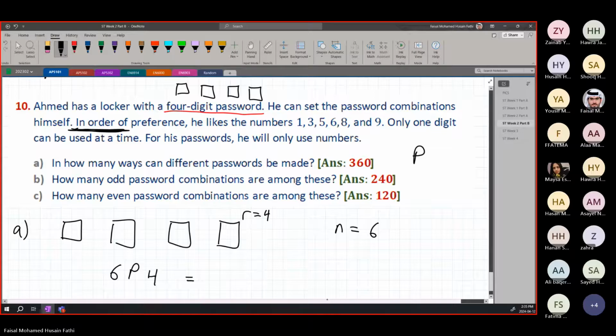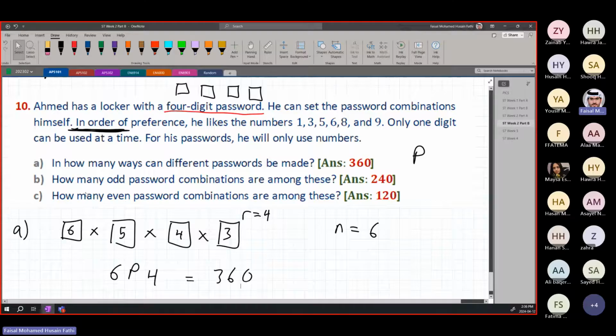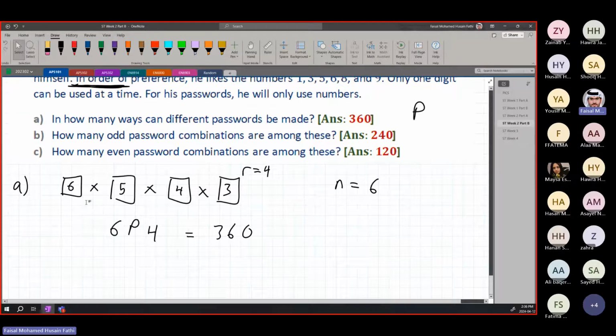Tamam? That's how you would do it. Clear? Another way you could do it is you could say you have 6 choices here, 5 choices here, 4 choices here, 3 choices here, and you just multiply them, and it's going to give you 360. Tamam? It's the same idea. That's the whole idea of permutation, is instead of you writing all of this and doing that, you just put one formula, apply it, and you can find it.